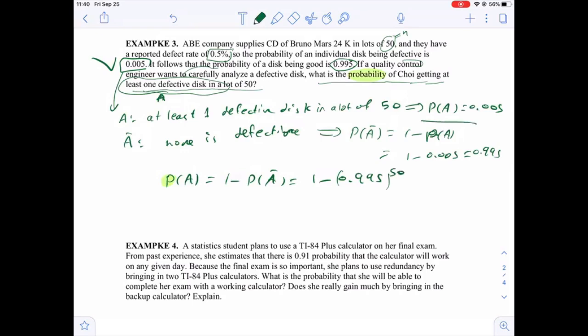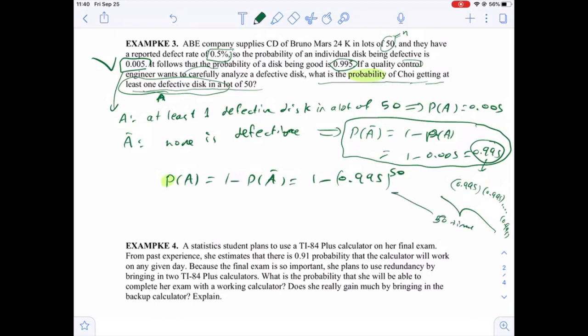Because this is for just one disk that's not defective. But for the whole 50 disks, we need to multiply this by itself 50 times. And that means we can write it this way. We can write 0.995 raised to the power 50. And then using the calculator, we get 0.222.